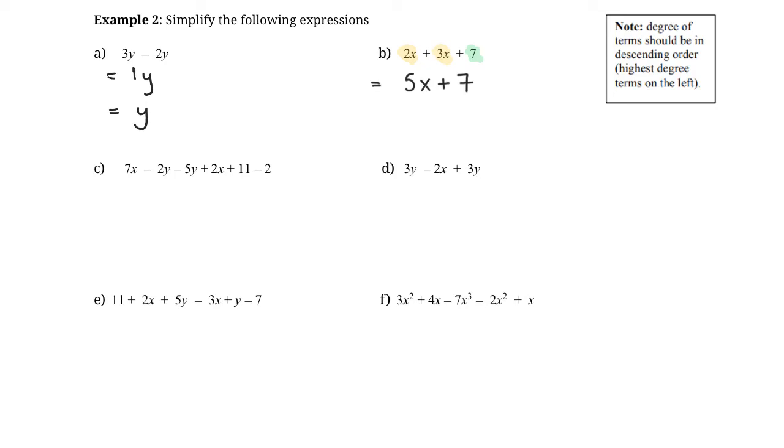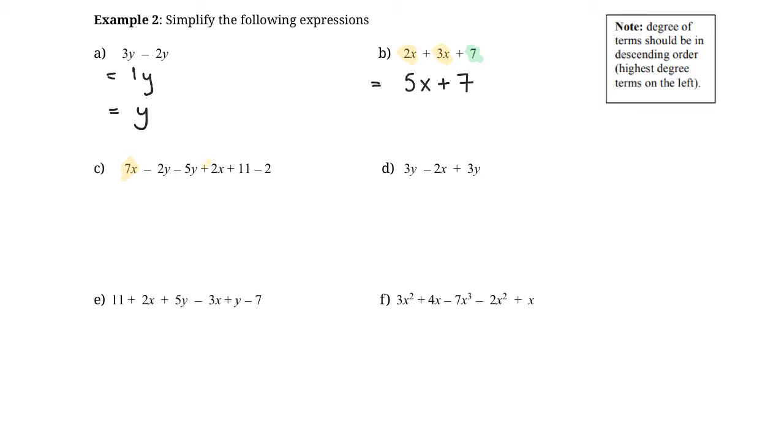It's a little bit more challenging because now we're dealing with terms that have different letters. We've got some x's, we've got some terms with y, and we also have some plain numbers. So remember, you want to collect the like terms. So let's start with 7x and scan across our expression and see, are there any other terms with an x?